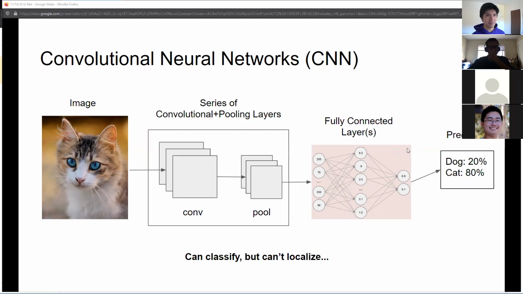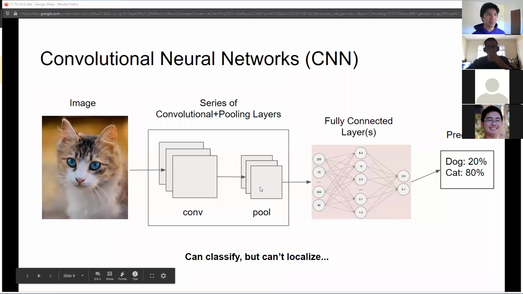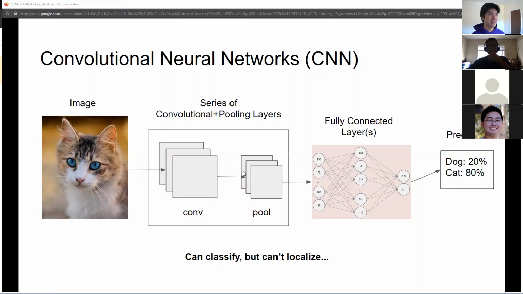So you can think of a CNN as just the fully connected network that you saw earlier, with this giant series of convolutions and pools bolted on in front. The purpose of that is just to find all of these features, while also considering spatial information. That might seem very hand-wavy, but hopefully it makes sense going forward.